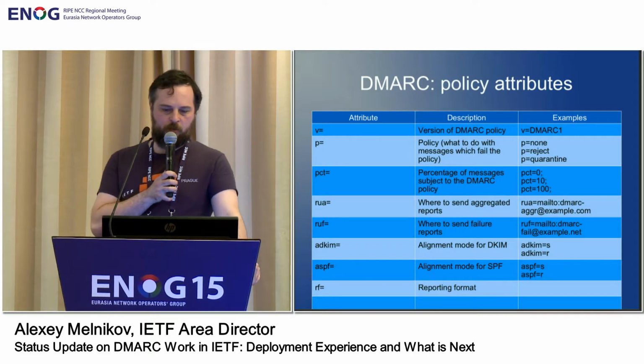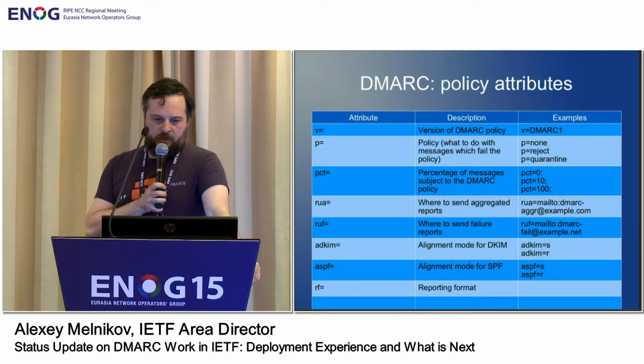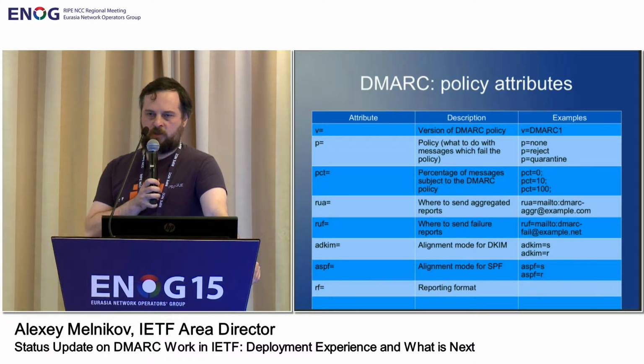Just another slide about what different attributes are in DMARC policy records. So I already talked about the version number, policy type. There is a field for PCT for percentage. So for example, it's possible to say to only apply DMARC policy to a certain percentage of emails.